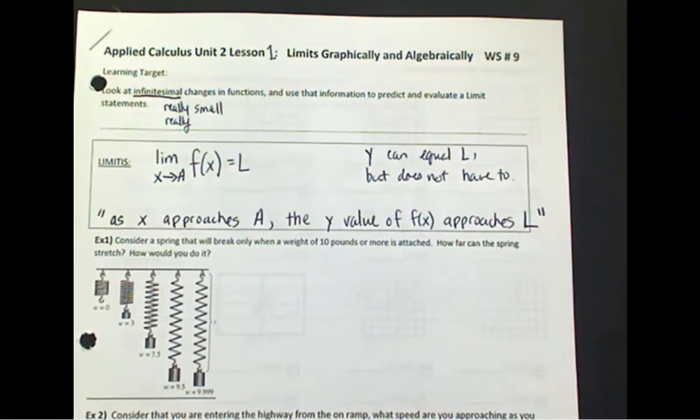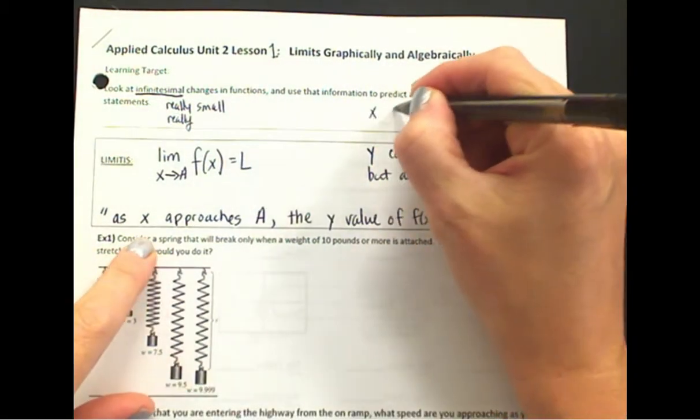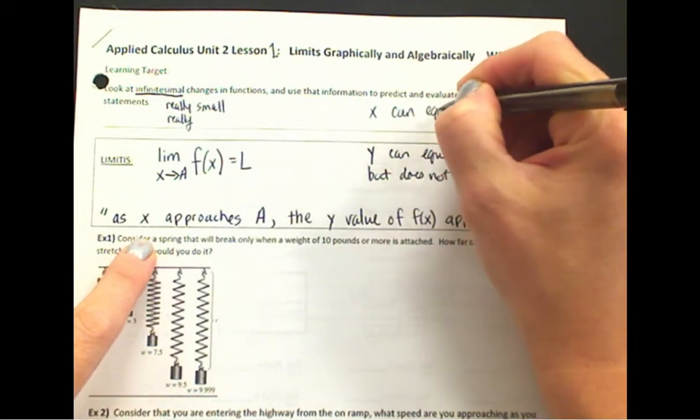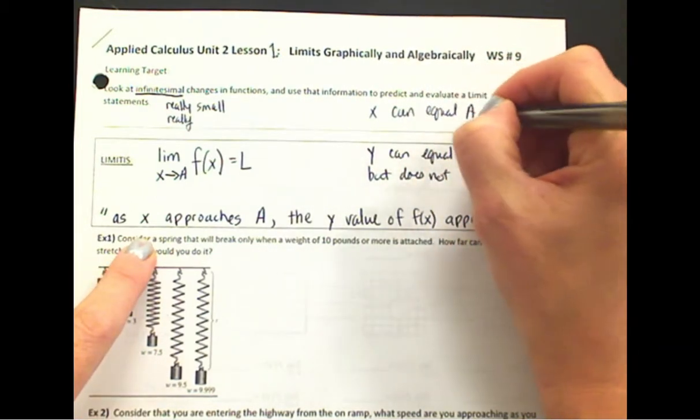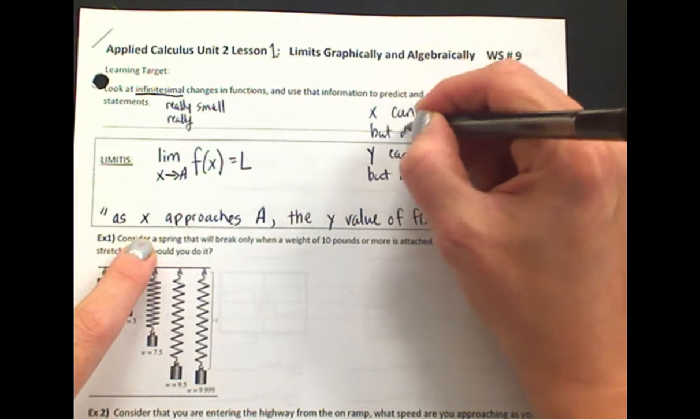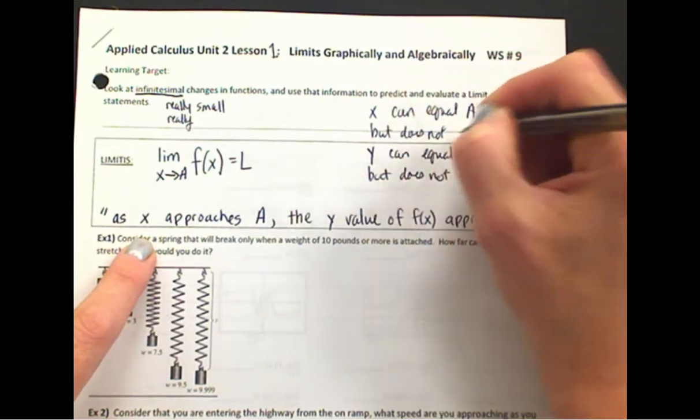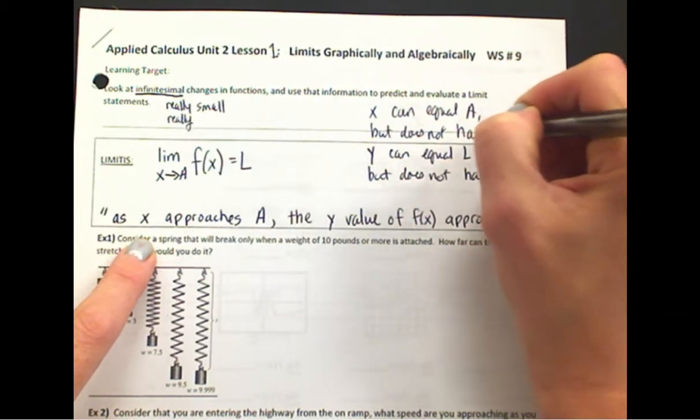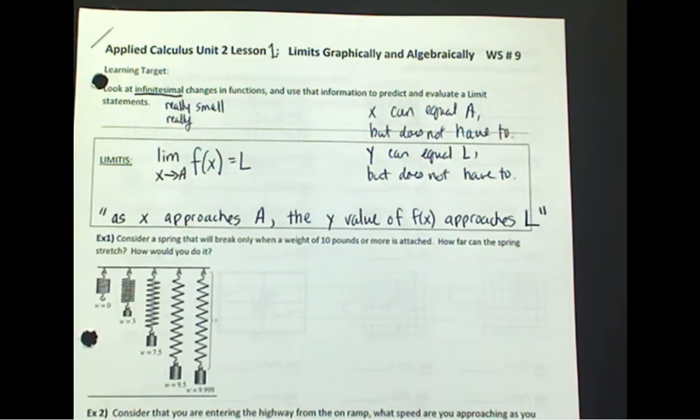Right? They can be equal, but they don't have to be equal. Same thing with x. X can equal a, but it doesn't have to. The idea behind the limit is that you just get really, really close to it and you predict what value would be there.